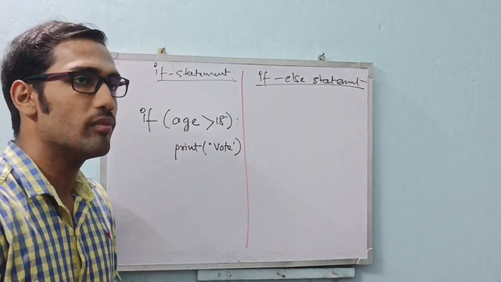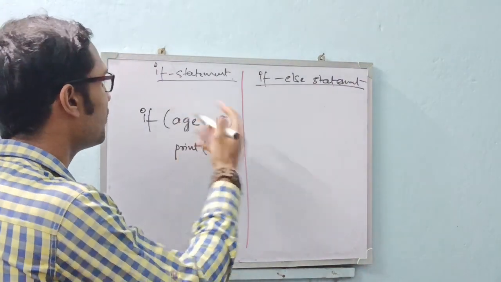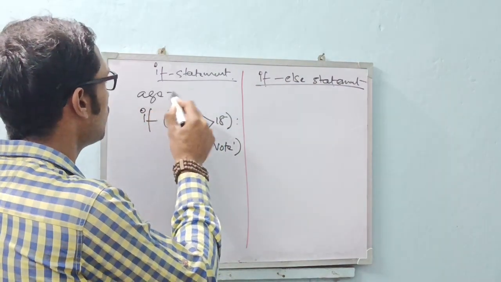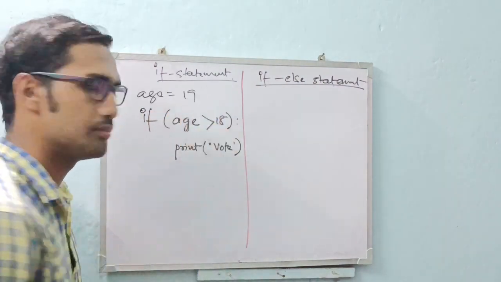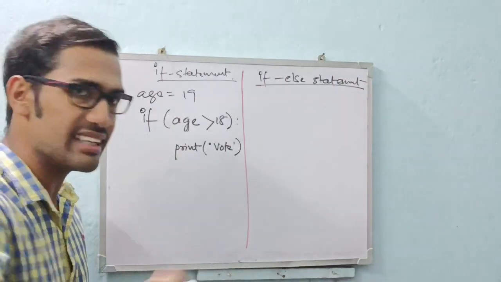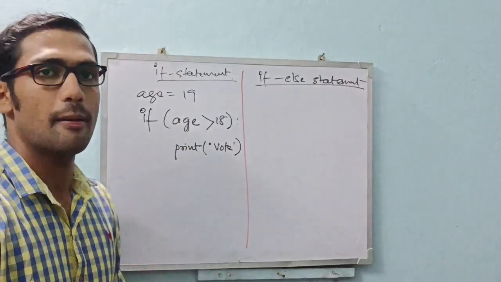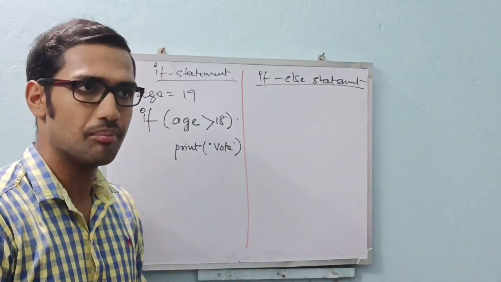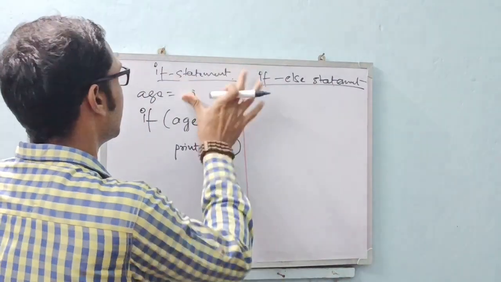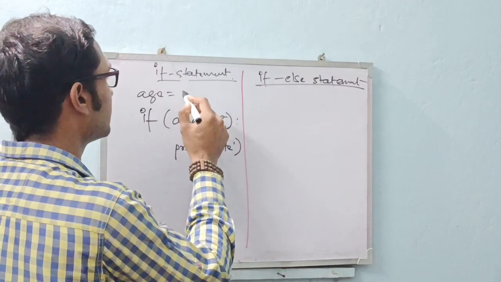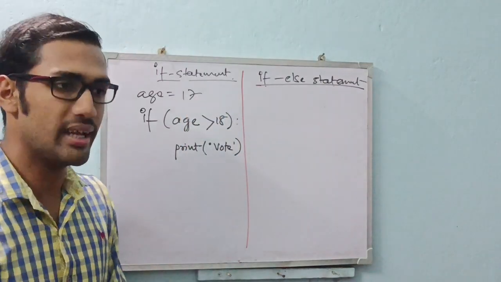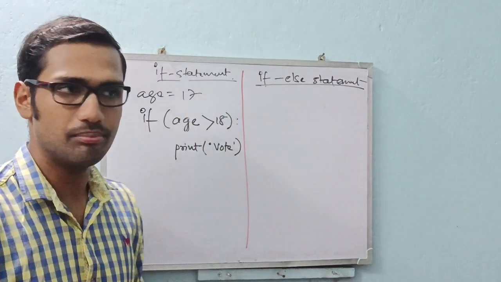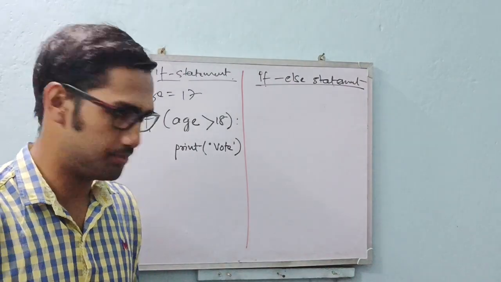So suppose the age value is 19. In this case the condition is true, so this particular print statement will get executed. Simple. But if the age is less than 18, suppose it's 17, then nothing will happen. So you won't be getting any output.